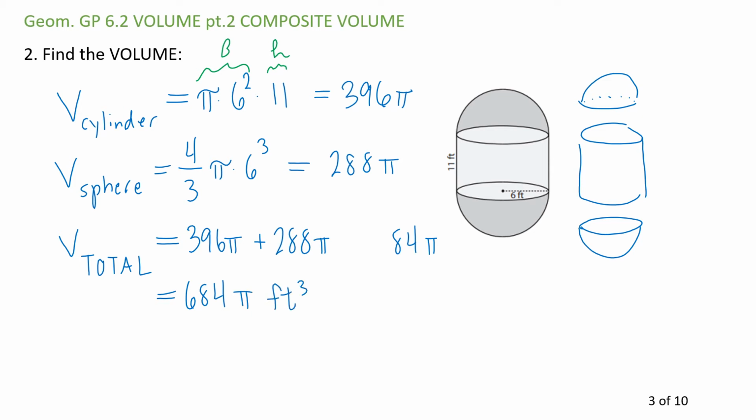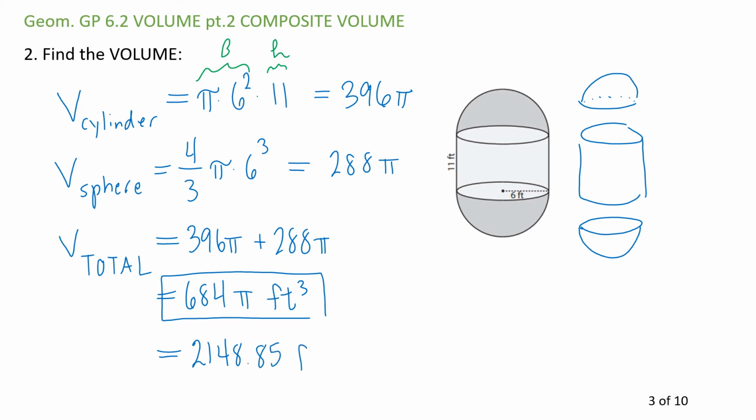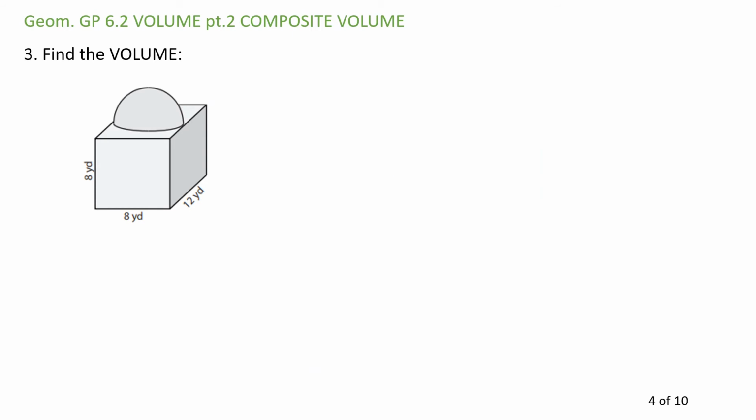That's my answer, but again, you may prefer to have it as a decimal approximation. So just go ahead and get 2148. Whichever one you prefer. I actually prefer the cleaner looking one, but the decimal is a little bit more intuitive. Well, how about a box and a hemisphere?